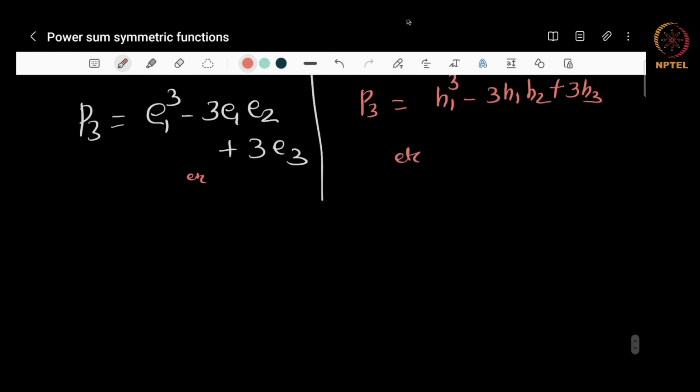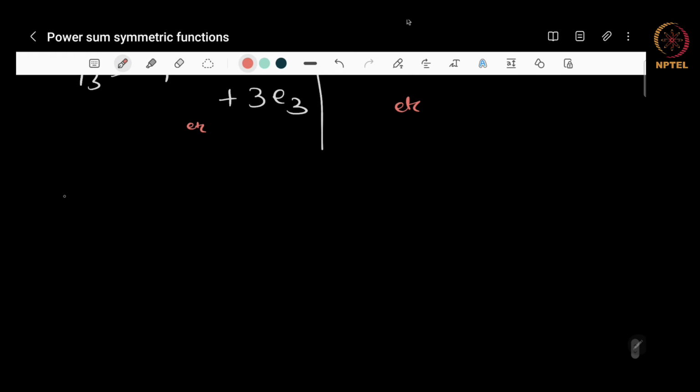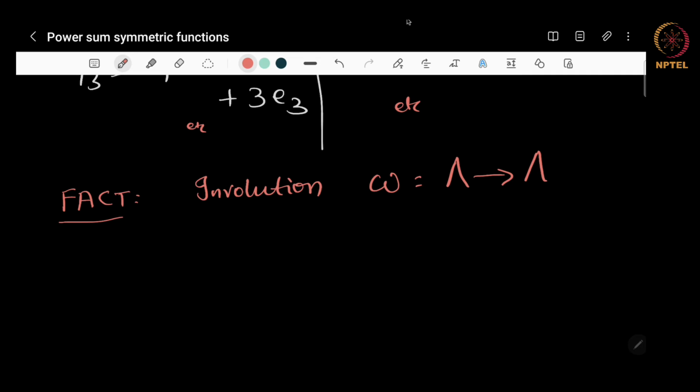Okay, so let me summarize this as the following fact, or a lemma or a proposition if you wish. Recall the involution omega from the ring of symmetric functions to itself. What it does is it maps E_r to H_r, or E_lambda to H_lambda if you wish, and vice versa.